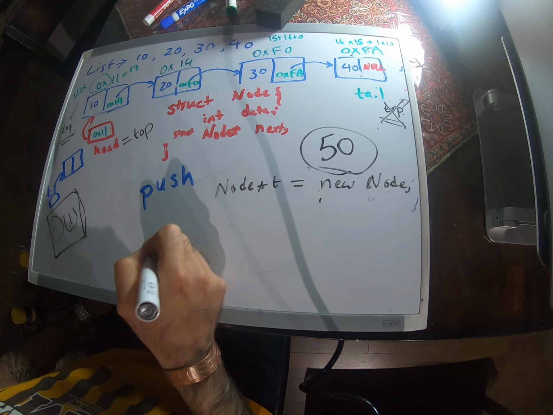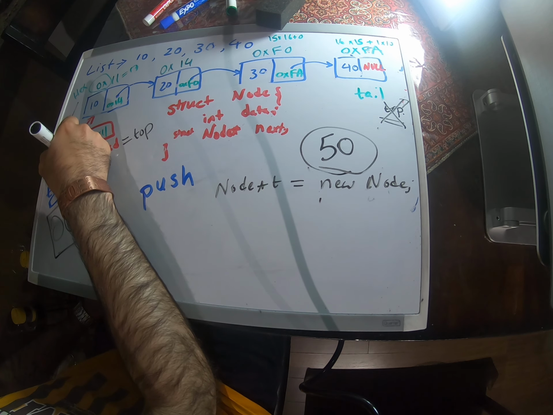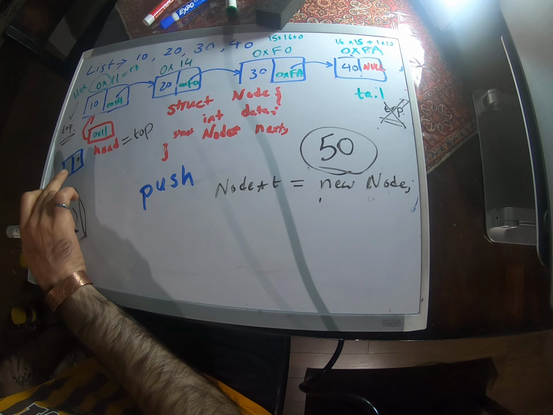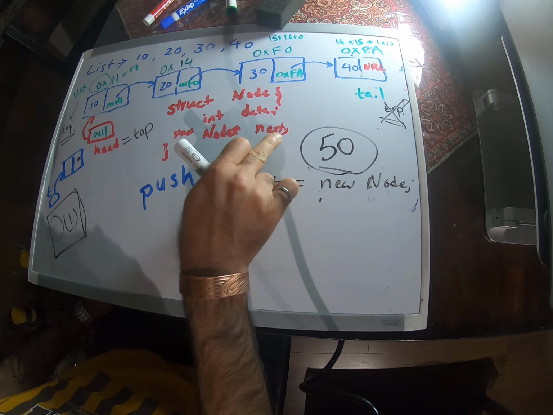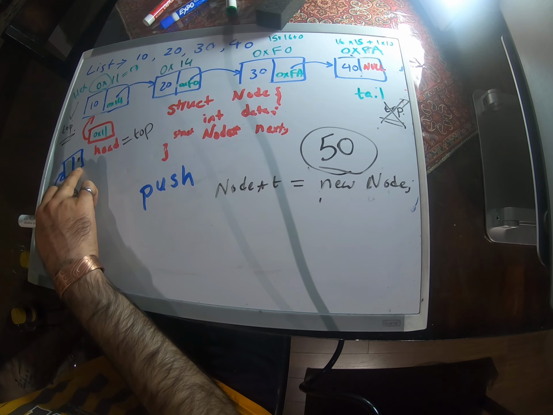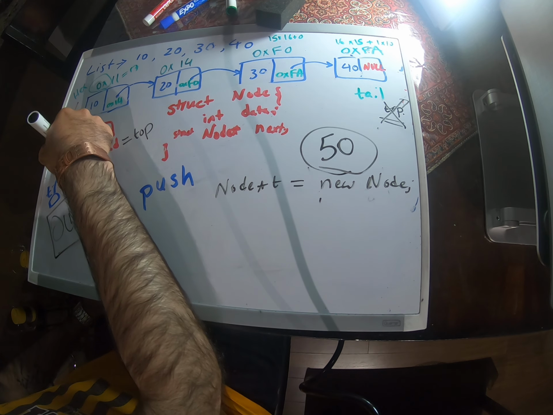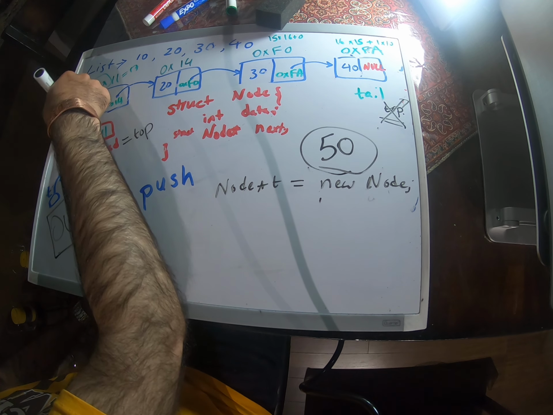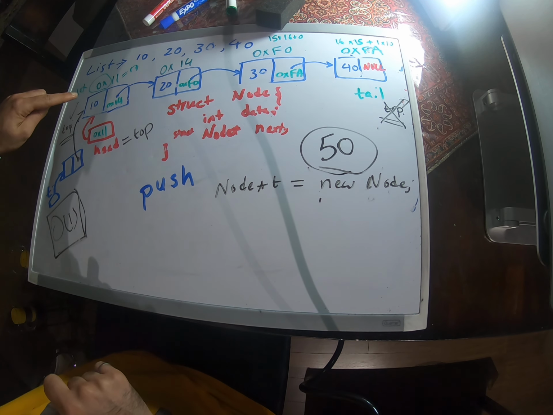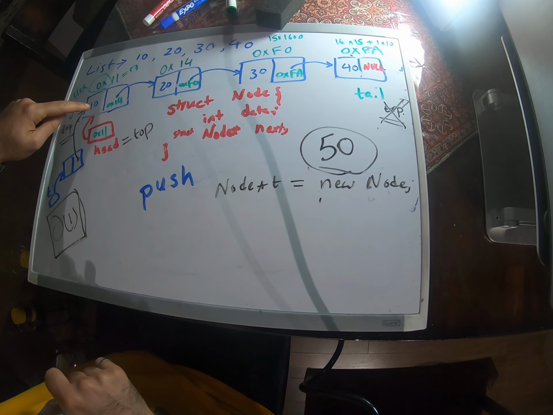And then we want to make the next pointer of this newly allocated node point to what the head pointer was pointing to.